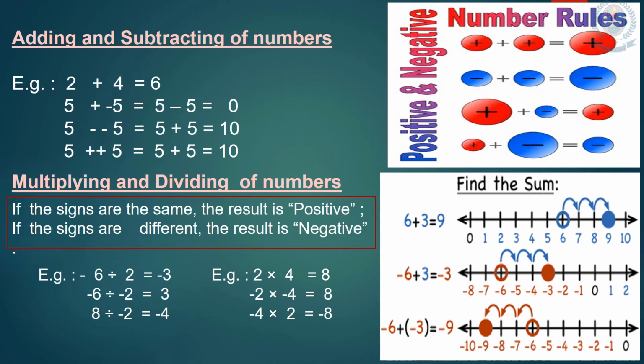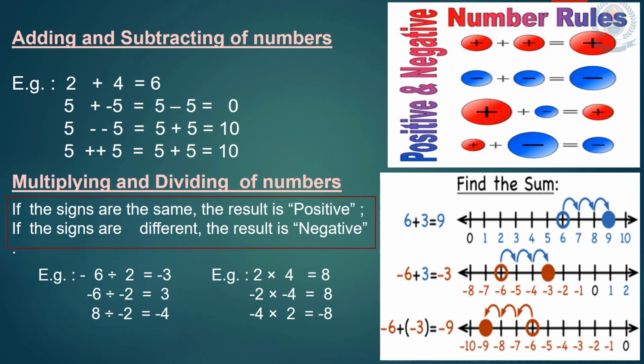Multiplying and dividing of numbers. Multiplying directed numbers can be interpreted in a similar way. Here 2 times 4 equals 8. Minus 2 times minus 4, positive 8. Minus 4 times 2, minus 8.